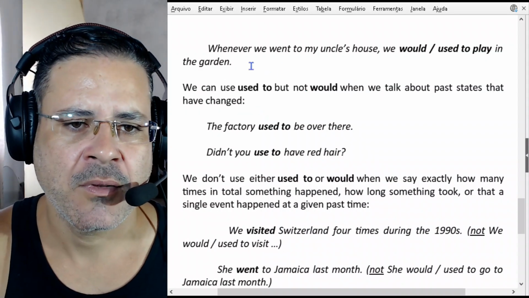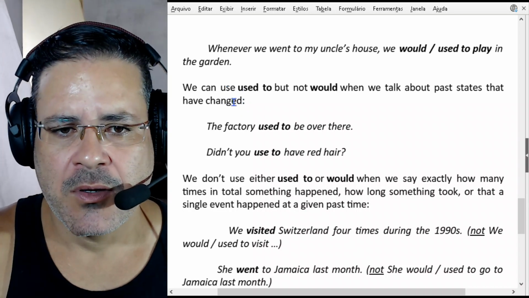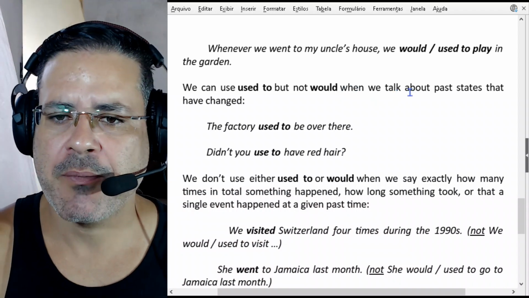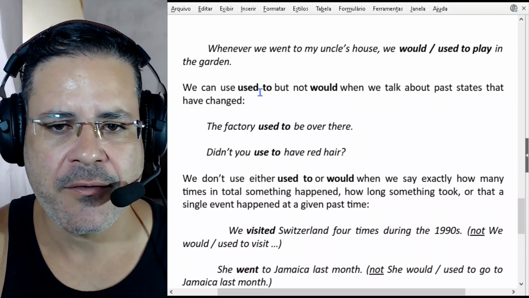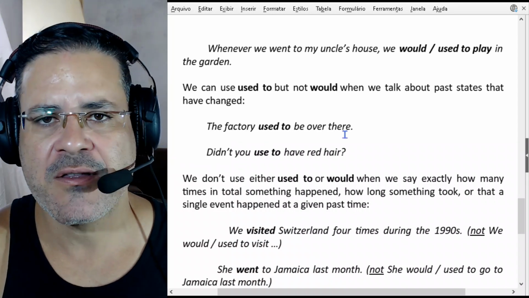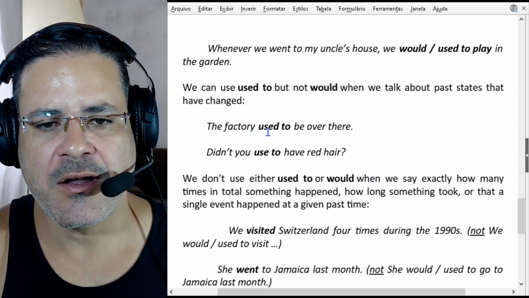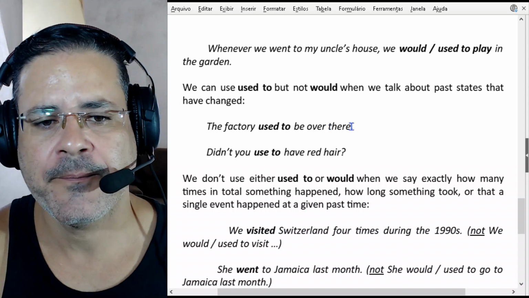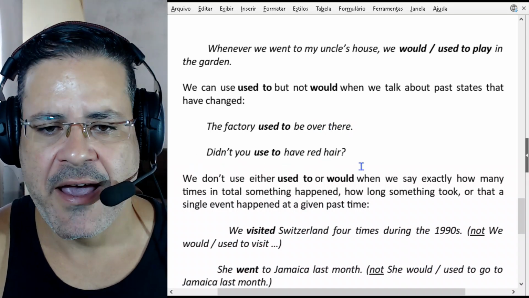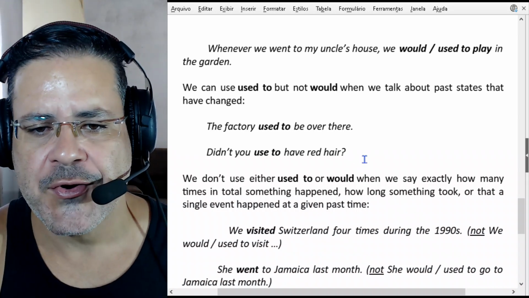Moving on. We can use used to, but not would, when we talk about past states that have changed. The factory used to be over there. Didn't you used to have red hair?